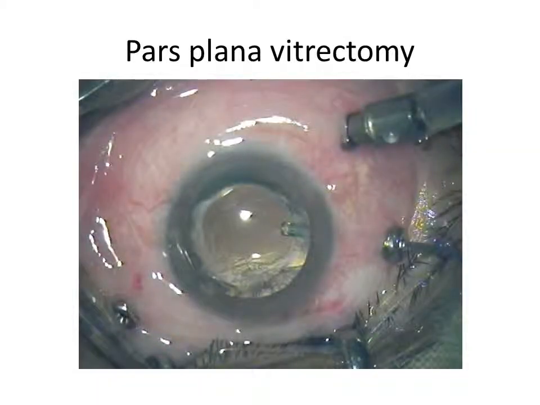Pars plana vitrectomy is an operation introduced by Robert Machemer in the early 70s, so the history of this approach into the eye is not long.